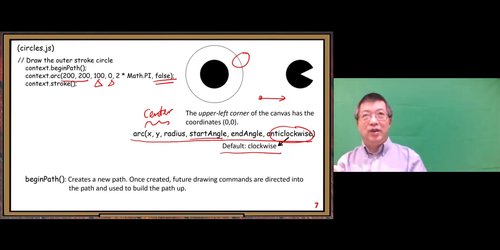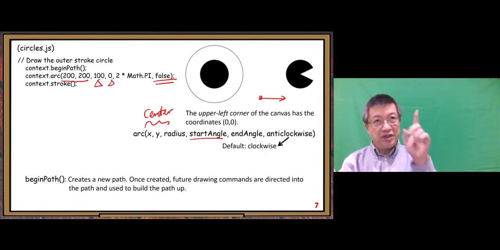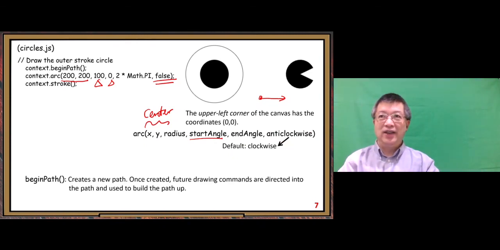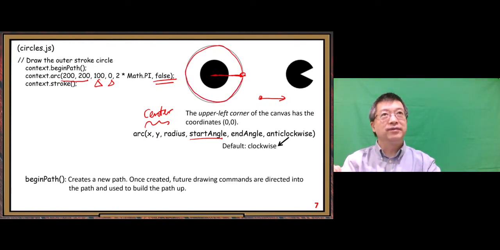Probably we can try to figure it out, clockwise, anticlockwise. There is something not quite clear here, anticlockwise true, false. We can figure it out. Anyway, with false, because 2 pi also goes in this direction, you move around like that.